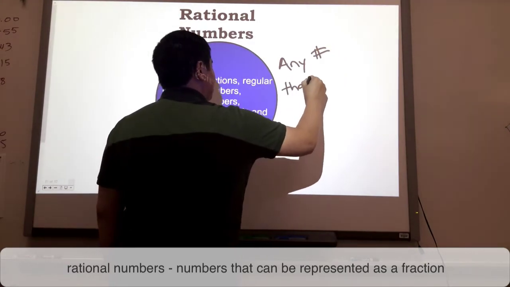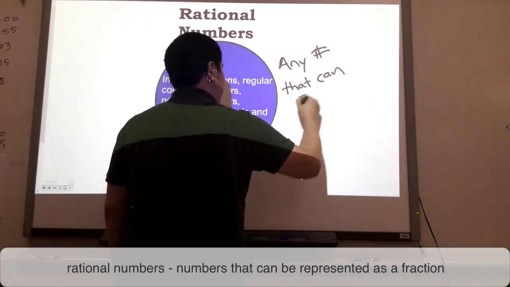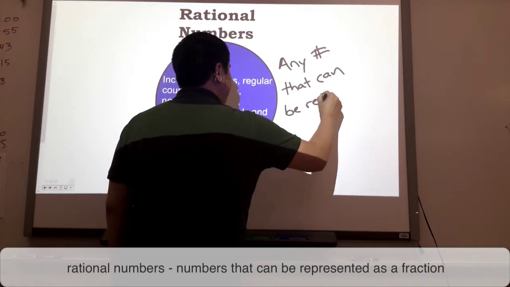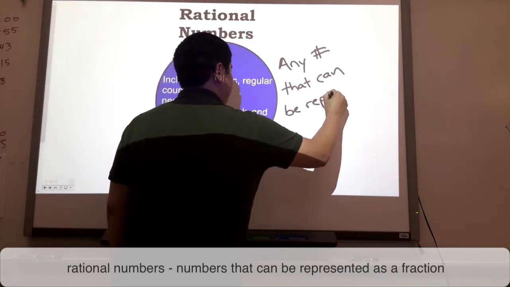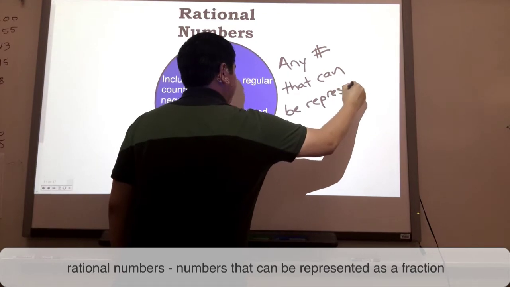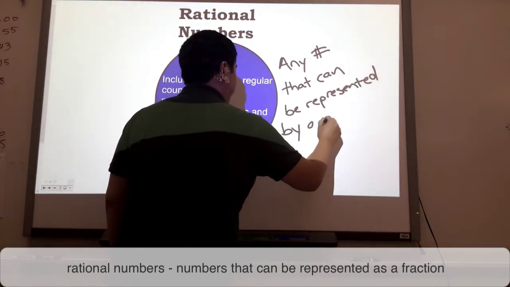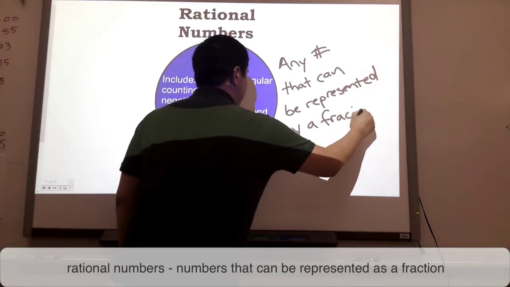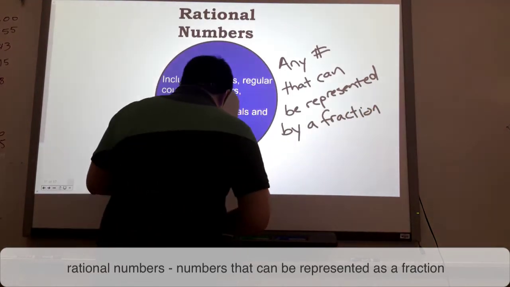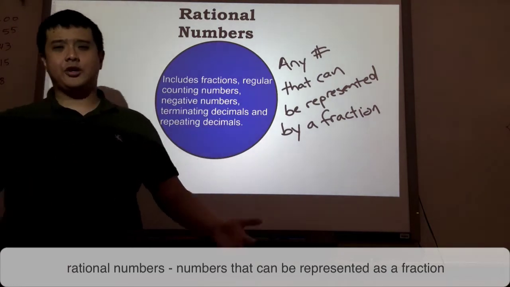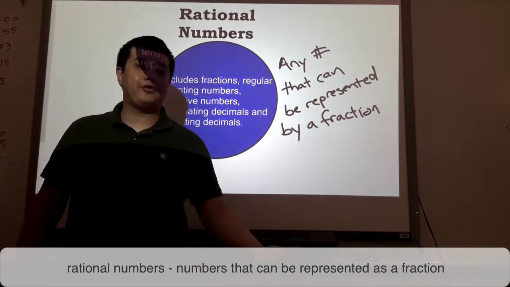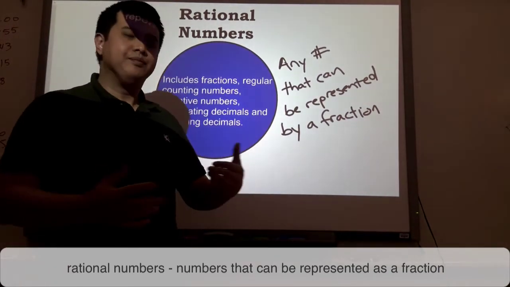that can be represented by a fraction. Any integer can be represented by a fraction. So negative 3, for example, is negative 3 over 1.